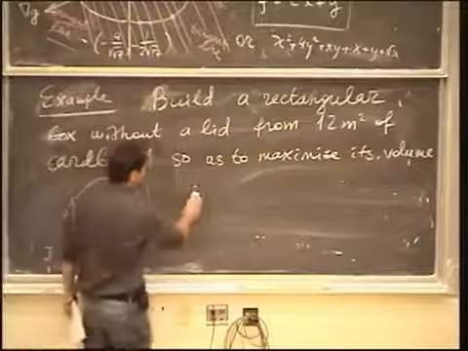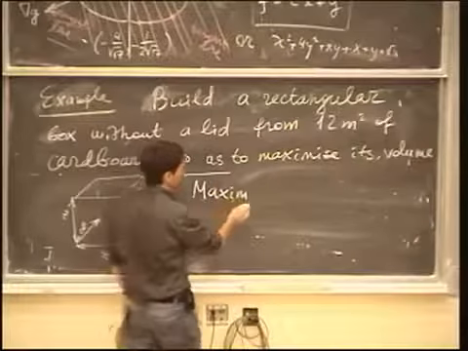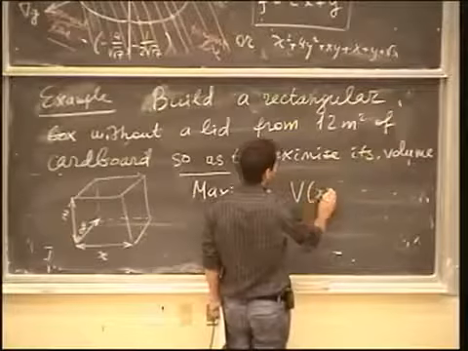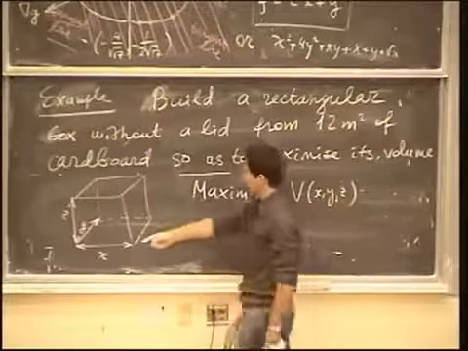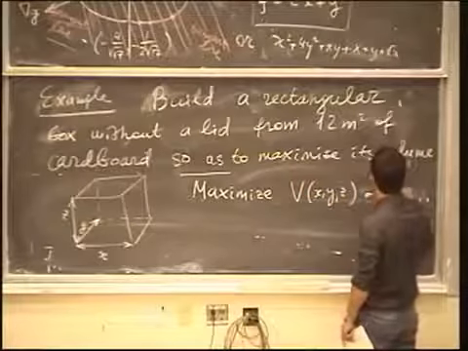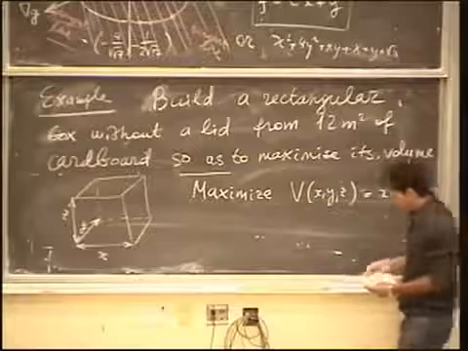So that means that you have to maximize. We translate it into mathematics. It means that we have to maximize the volume. And volume is a function of x, y, z, which are the dimensions of the box, and it's just x times y times z. And we have a constraint.